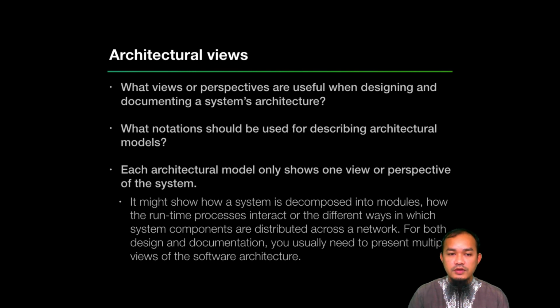Each architectural model only shows one view or perspective of the system. It may show decomposition into modules, runtime processing, or distribution of the system across the network. This is the view of each architecture.